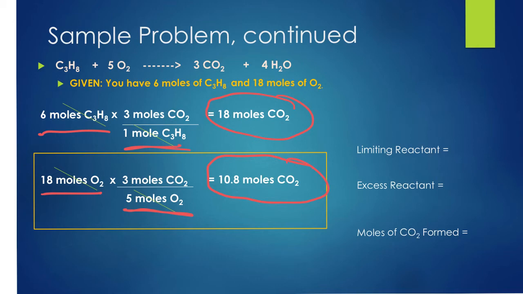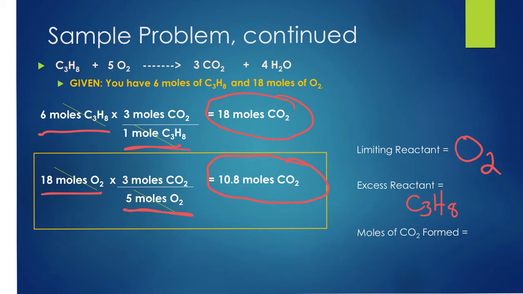Well, the question is, which one is the one that limits how much CO2 can be produced? And that's the one that produces the least amount. So in reality, oxygen, in this case, was the limiting reactant. It produced the least amount of CO2. The excess reactant was C3H8.